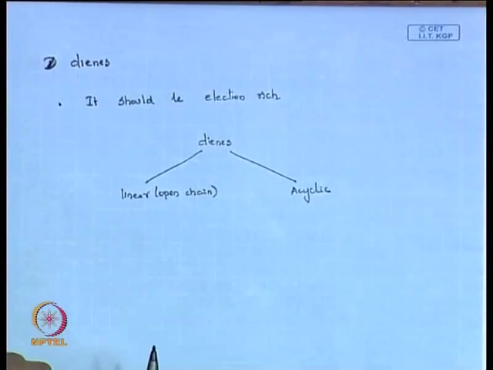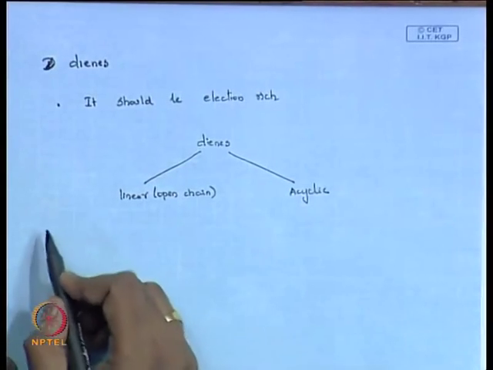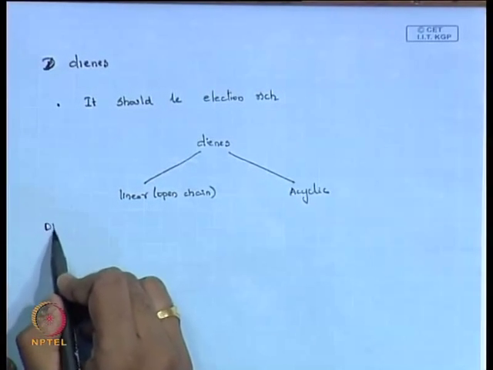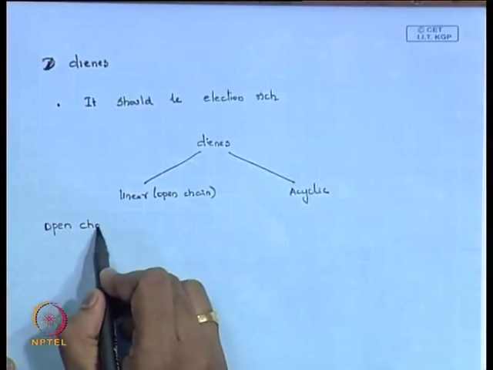So, how should it be? If I consider an open chain diene system, for example, butadiene.